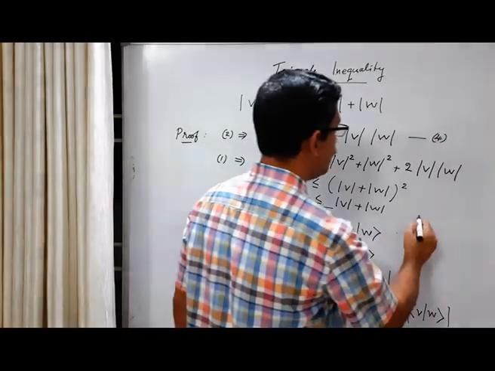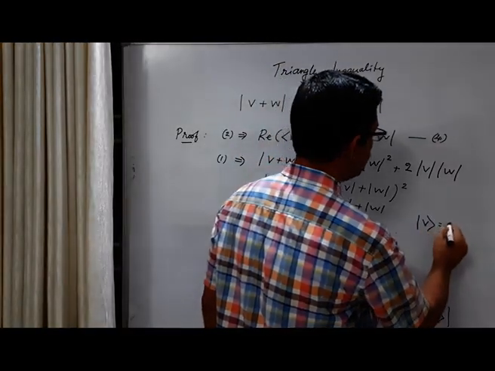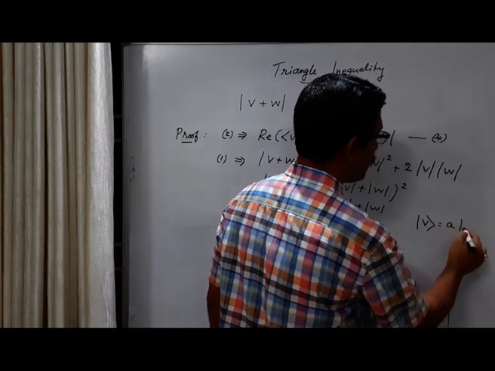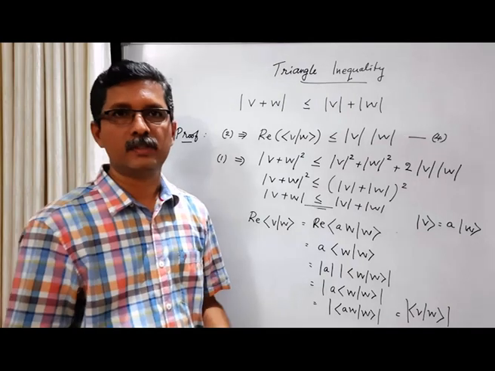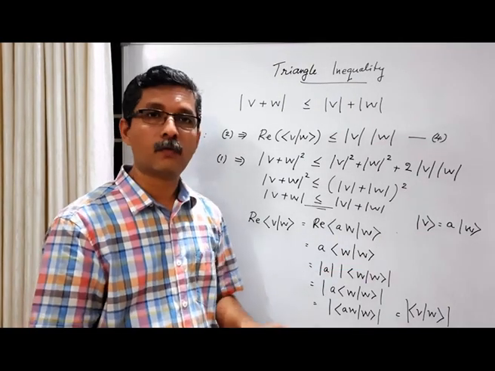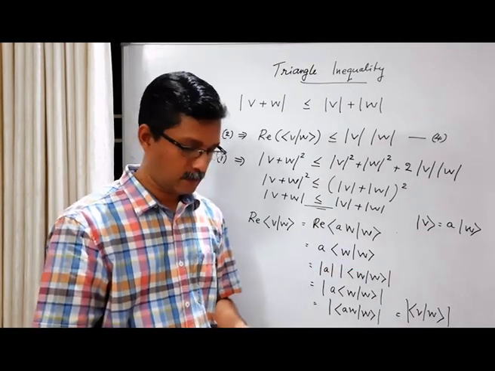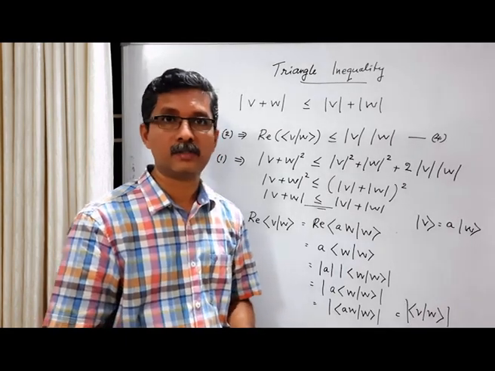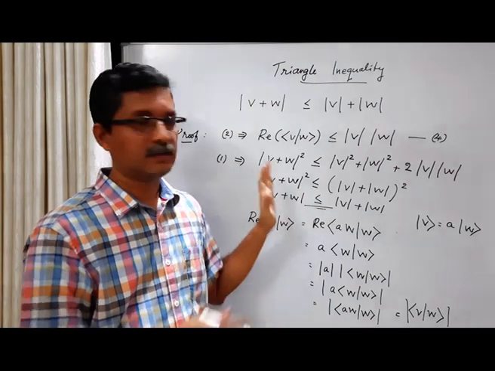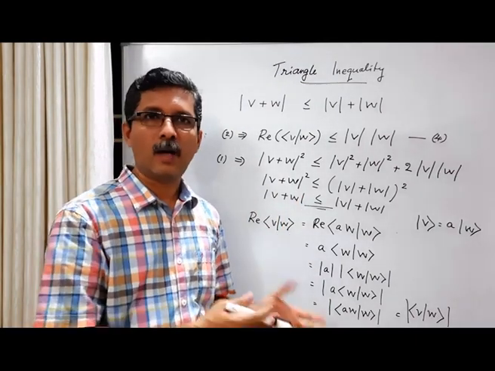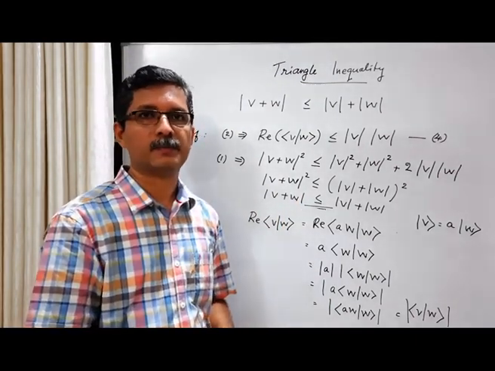The condition is that the vector V is equal to some positive real number times vector W. In other words, the two vectors are parallel to each other. This we have seen in the case of ordinary three-dimensional vectors also. When the two vectors A and B are parallel to each other, this inequality becomes equality. The same thing happens in the case of abstract vectors in a complex vector space.